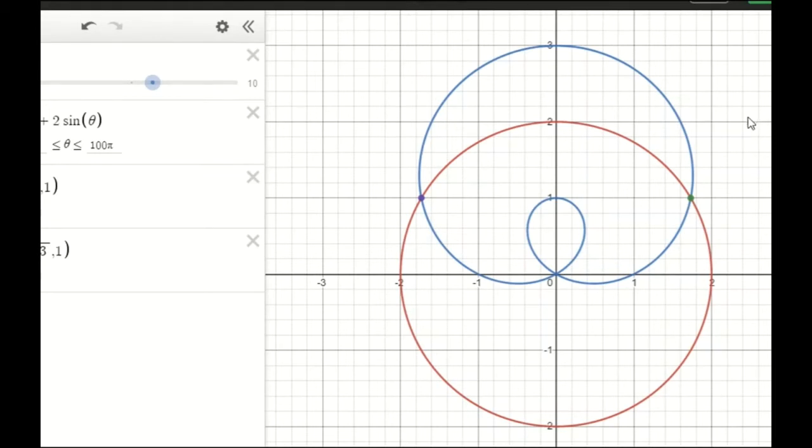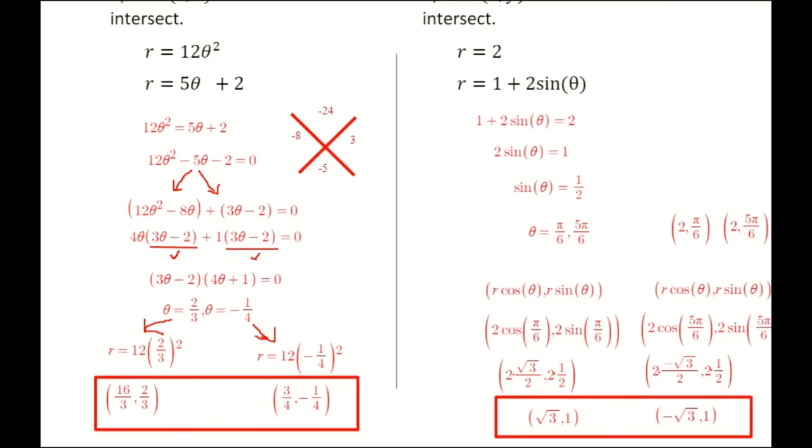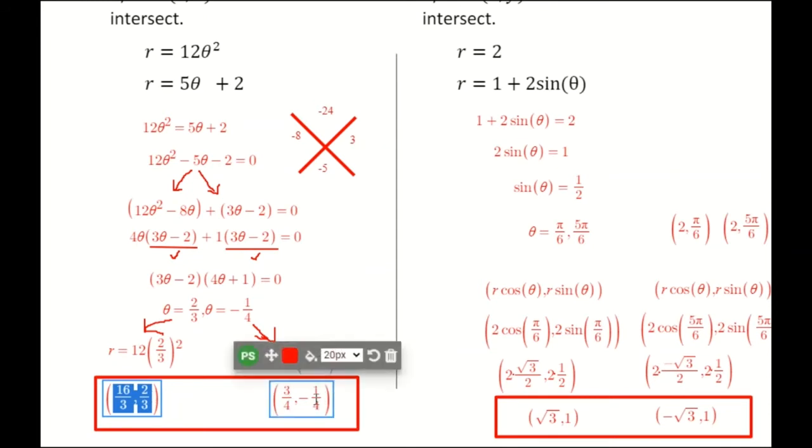Now, if you're trying to use Desmos to check this, make sure that your coordinates are in rectangular form. What I mean by that is, if I go back to problem number 3 over here and check these equations in Desmos against these coordinates, you're not going to see that they intersect because these coordinates are in polar form.